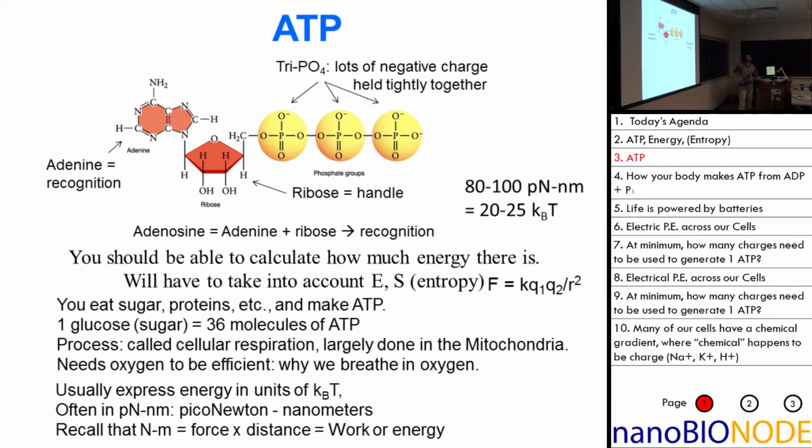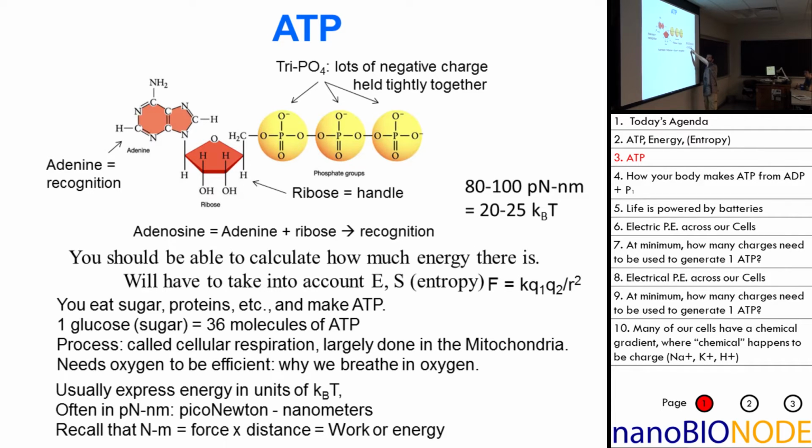And it turns out that when you take into account both factors, you get released 20 to 25 kT of energy, which is units of energy. This is force times distance, so that's clearly a unit of energy.